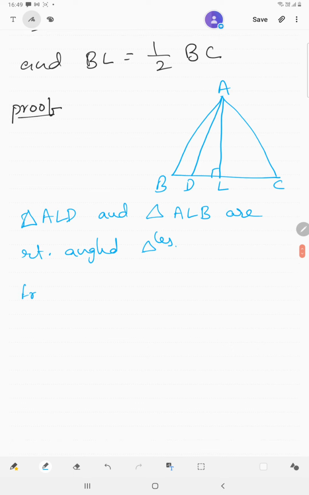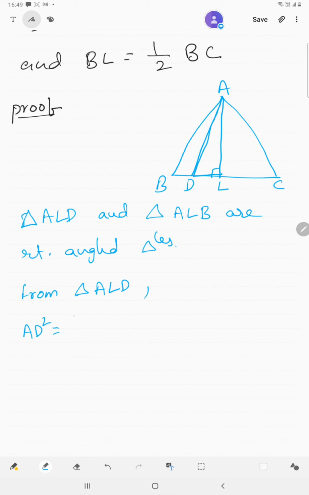So from triangle ALD, AD square is equal to Pythagoras theorem apply कर रही हूँ मैं. Hypotenuse whole square is equal to, so this is the ALD.